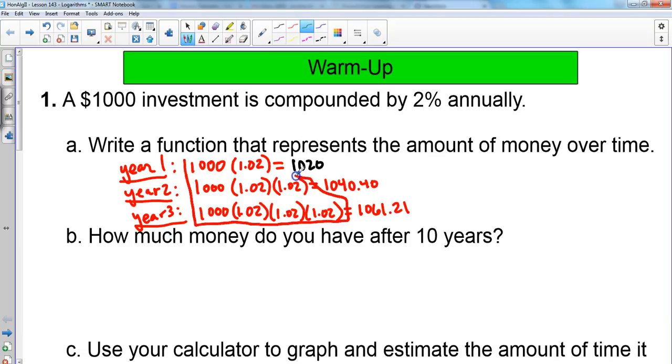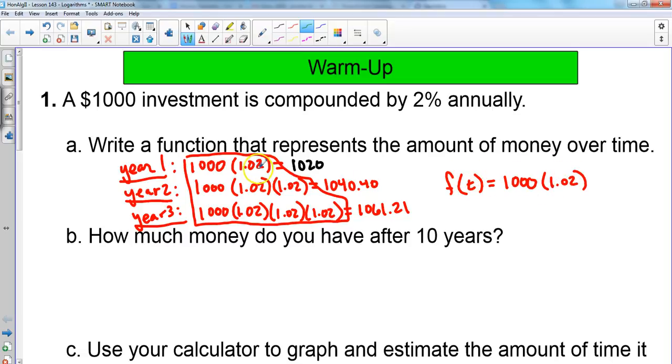With this pattern, we can see our function over time, so we're going to use f of t. As time goes by, what does our function do? We take our original amount, $1,000, and multiply it by 1.02 raised to however many years we're talking about.